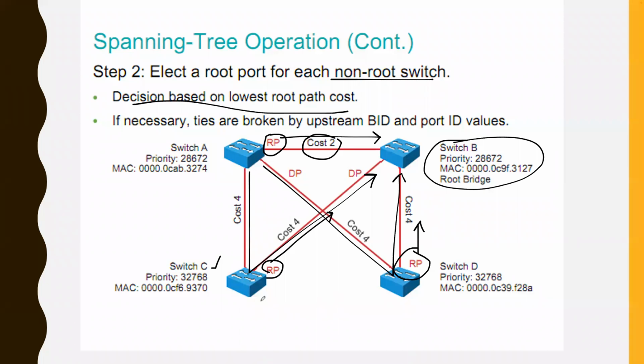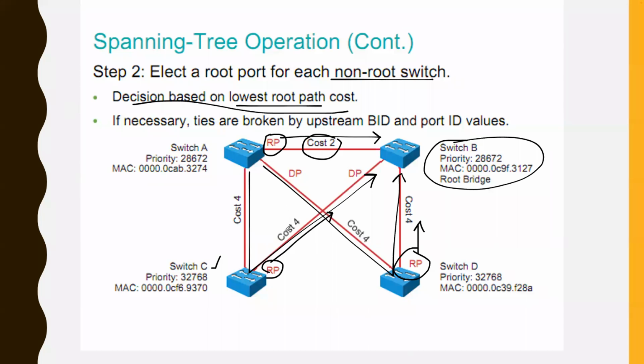Okay, so I was telling you that the root port election happens on the basis of lowest root path cost. If my root path cost is the same on two different paths, then the tiebreaker will be the upstream bridge ID. Let's say there are two different paths to reach the root.